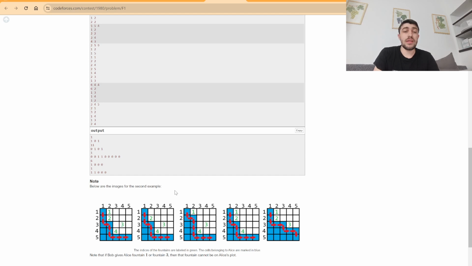Now, given that we have 10 to the 9 lines, obviously we can't just simulate this for every single row, but we can use the fact that there are only 200,000 fountains, and this gives us a very important observation. Only these 200,000 rows will actually be relevant and will change the answer in any way.